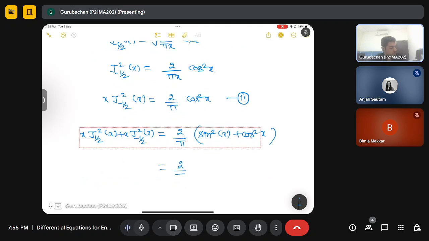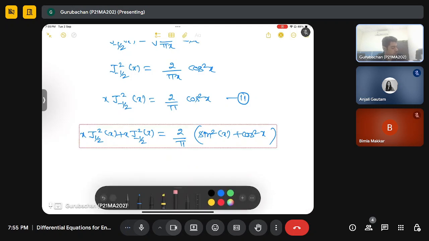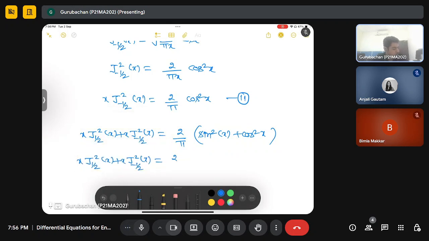Since sin square x plus cos square x is 1, this gives the exact value as 2 by pi. So let me write it this way: this is equal to 2 by pi.